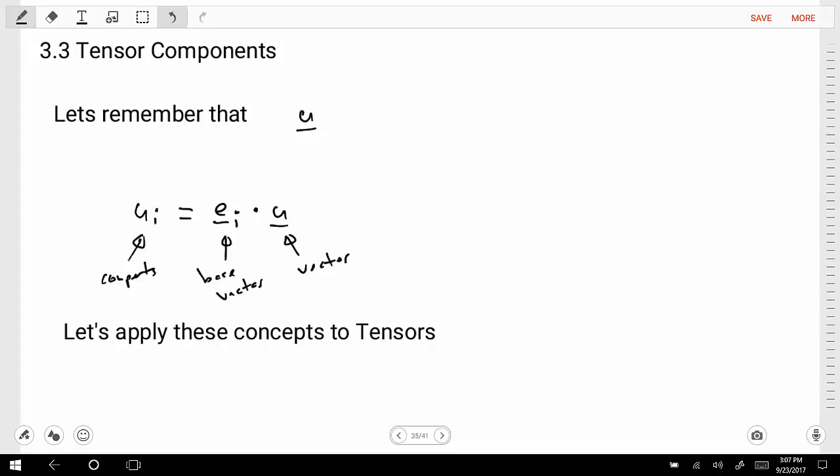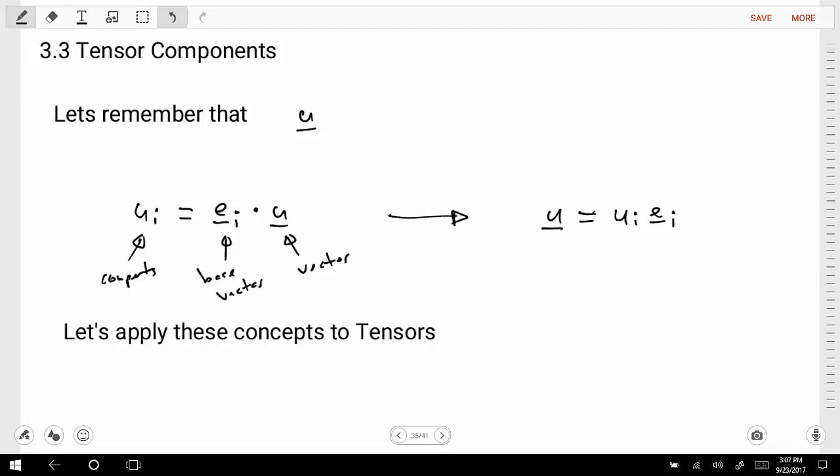Now if we rearrange this, then we find that our vector u is simply equal to the components of u times each of the base vectors, noting that the i here is a dummy index.